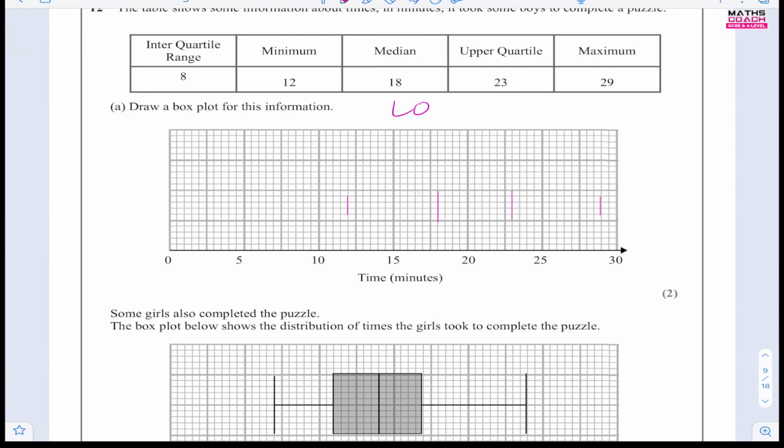So the lower quartile is going to be 23 minus the interquartile range, which is 8, and that gives us 15. So we can go and mark 15 as our lower quartile right there. We can go ahead and complete our box now. And there we have our completed box plot.